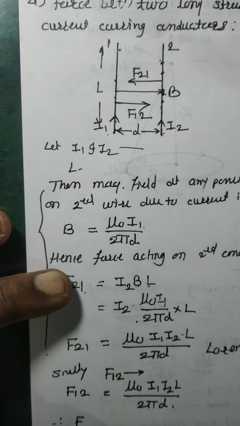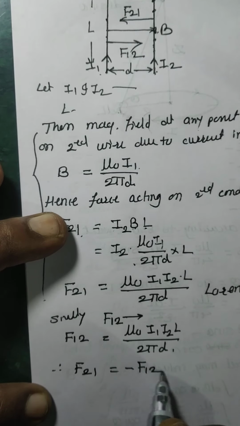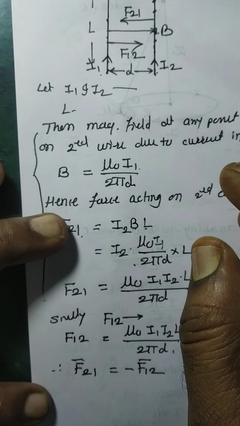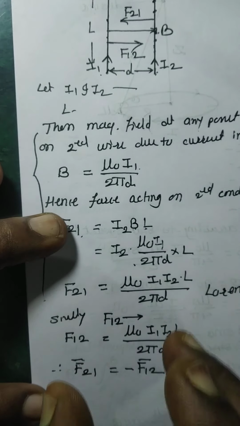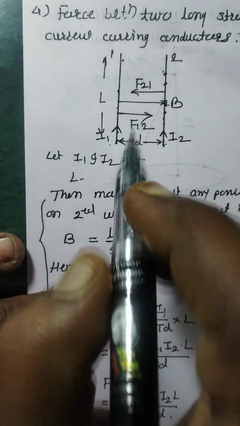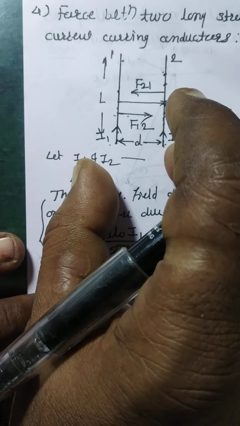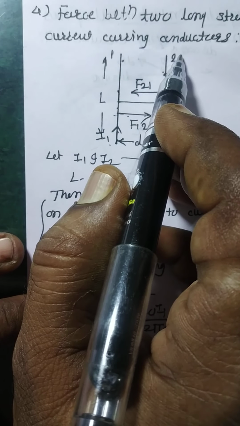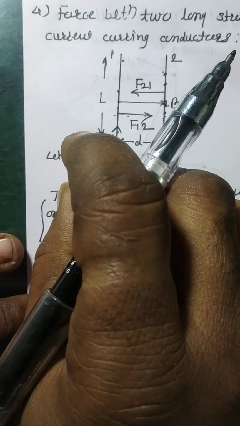Therefore F21 is equal to minus F12. Means two parallel current carrying conductors carrying currents in the same direction attract each other. That is, this force is in this direction and this force is in this direction, meaning two long straight current carrying conductors attract each other. If directions are the same, then they attract each other.